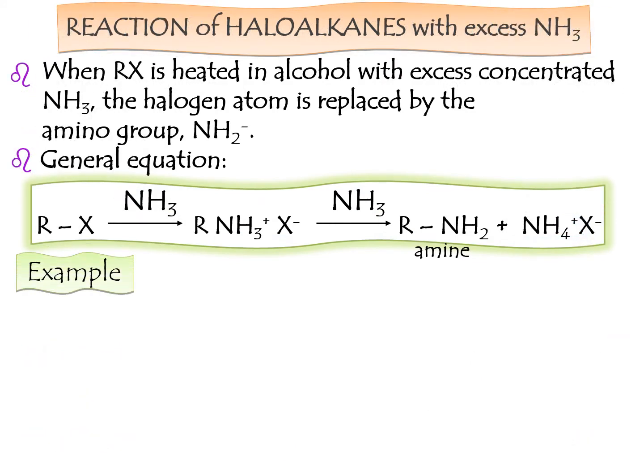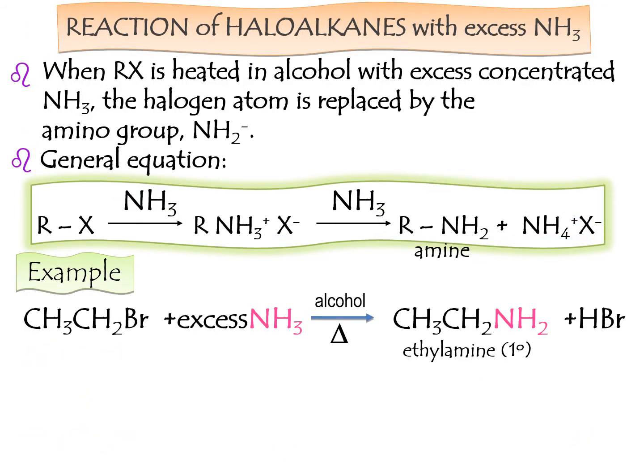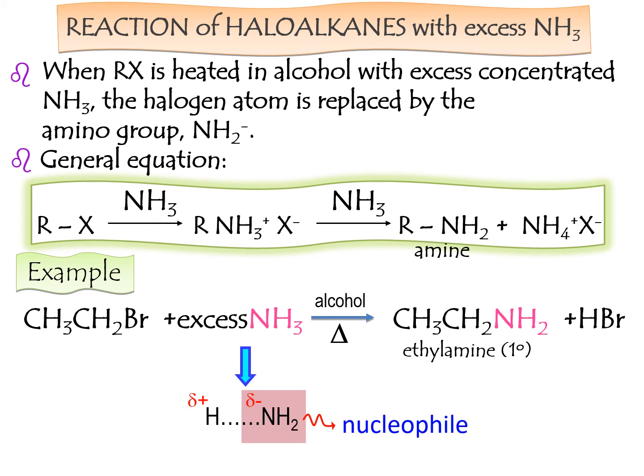It is an example for the chemical reaction between haloalkanes and excess ammonia. The nucleophile is amino group NH2-. NH2- substitutes halogen atom Br to form an amine, ethylamine.